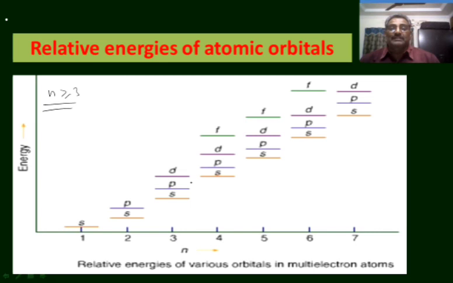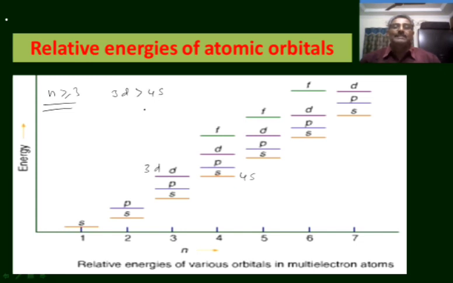For example, the energy of 3d is slightly more than 4s. This is the energy of 3d, and this is the energy of 4s. 4s is a little downwards when compared to 3d, so 3d has greater energy than 4s.